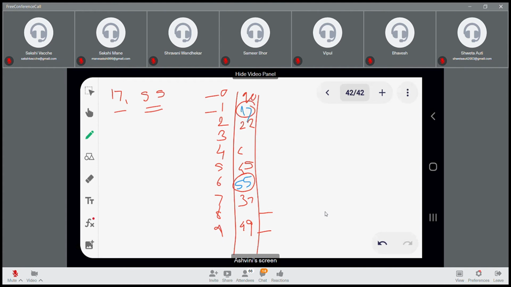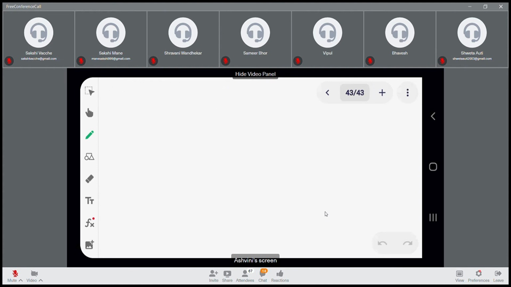Double hashing is more complex to implement than quadratic probing. Why? Because we are going to use two different hash functions. Quadratic probing is a faster technique than double hashing because there is only one hash function. So these are the important comparison points of quadratic probing and double hashing.